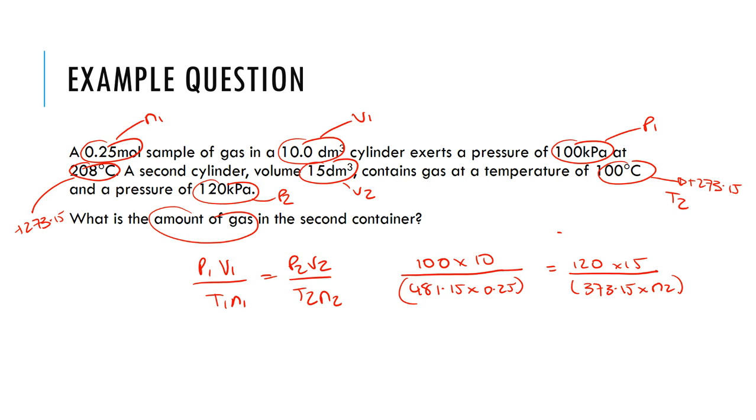If we get all this into our calculator, 100 times 10 divided by 481.15 times 0.25, we're going to get 8.313 is equal to 120 times 15, which is 1800, over 373.15 times n2.